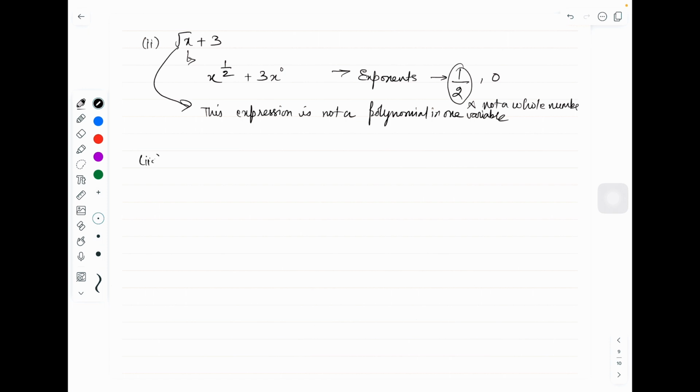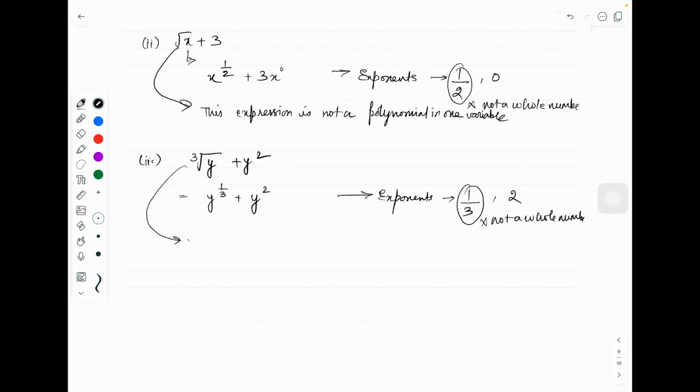Third question, same way. Cube root of y plus y square. Again, this was a square root before, now a cube root. Cube root of y can be written as y to the power 1 by 3, plus y square. Again the same exponents. One of the exponents is 1 by 3 and the other is 2. 2 is a whole number, but 1 by 3 is not a whole number.